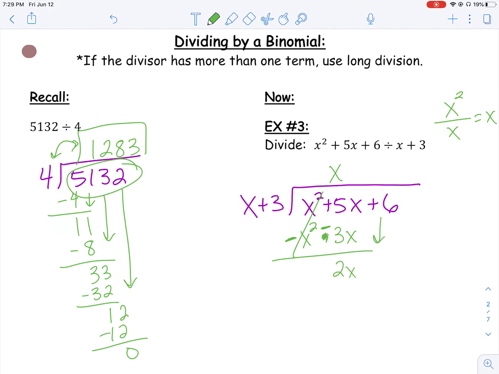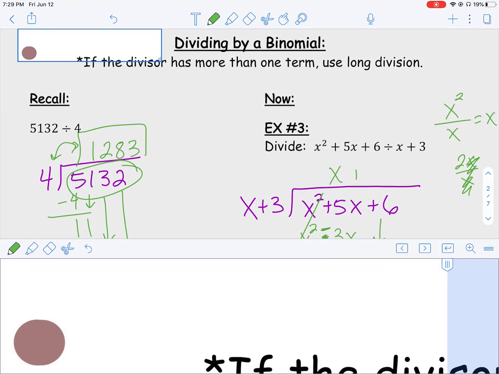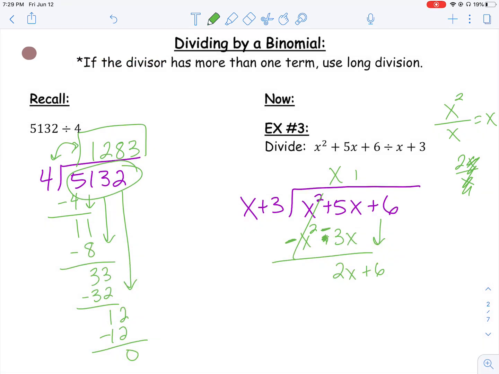Now I'm going to bring the 6 down, just like I did in my long division, and follow the same process again. So let's figure out how many times x goes into 2x. Off to the side if you need to, if I had 2x divided by x, wouldn't the x's reduce each other? And so I would just have left a positive 2. All right, let's go through and multiply it. 2 times x is 2x, and 2 times 3 is 6.